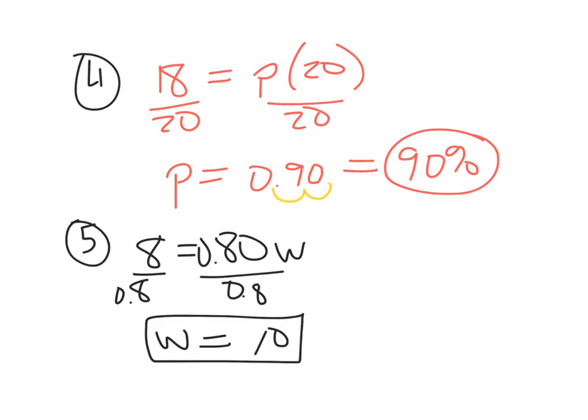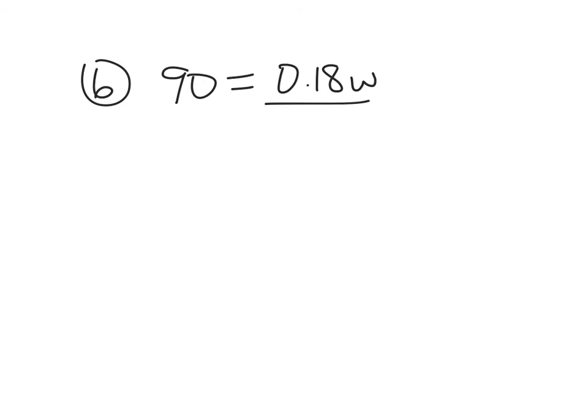All right, number 6. So we have 90 equals 18% in a decimal would be what? 0.18 times what number? So put times a W. To solve, this is getting repetitive.